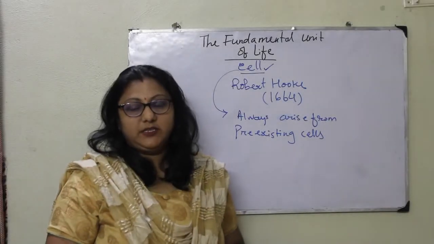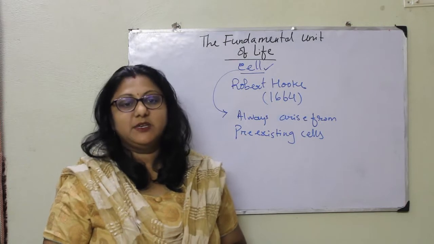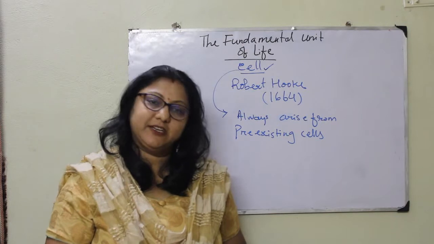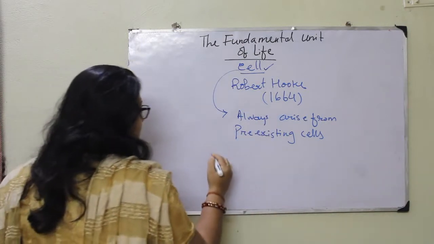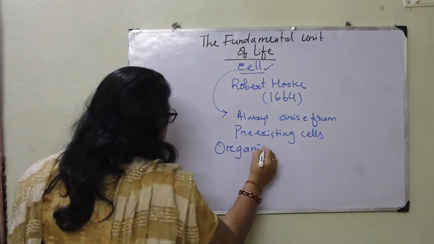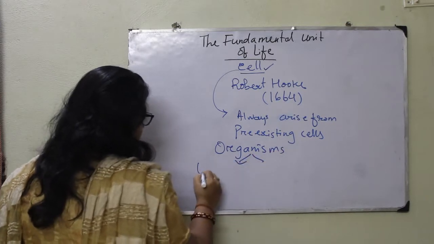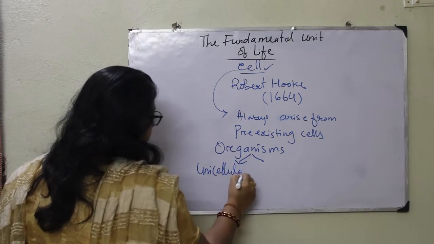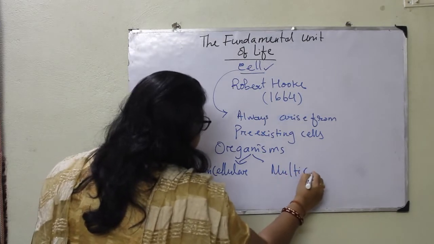So depending on the number of cells present in one organism, the organisms can be divided into two major categories. So what are the two major categories? The organisms can be of unicellular type and multicellular type.